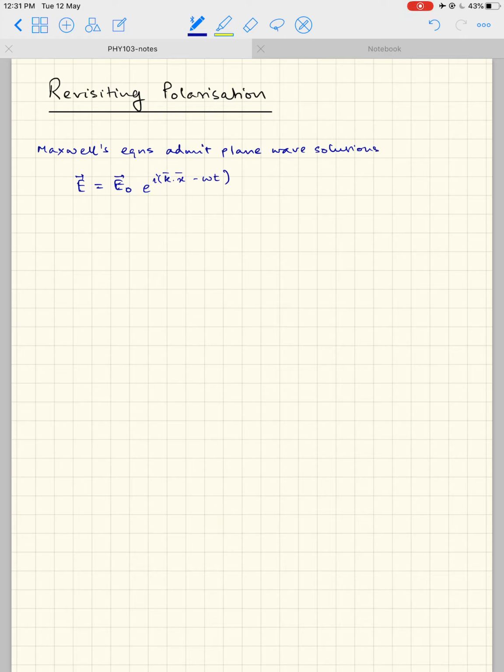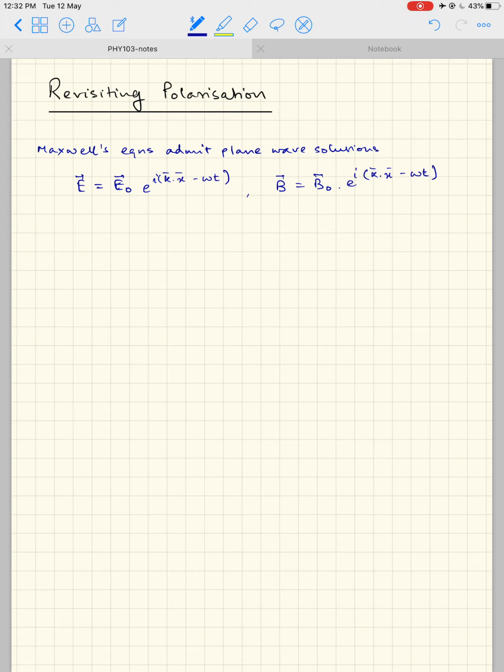and B was B naught e to the power i(k dot x minus omega t). E naught and B naught will be called the polarization vectors of the electric and magnetic fields.